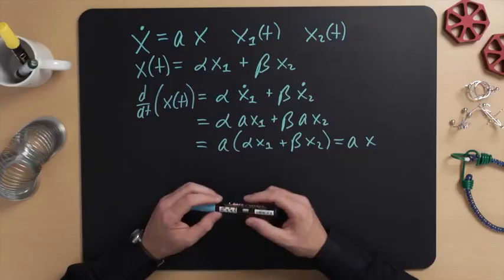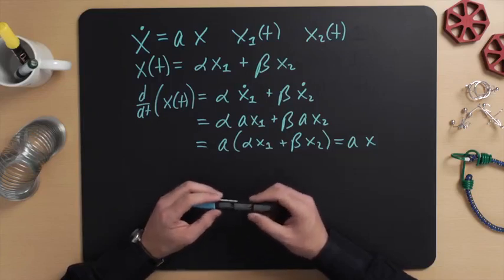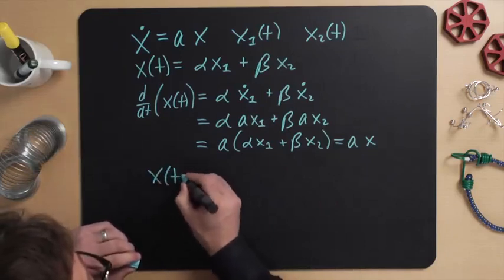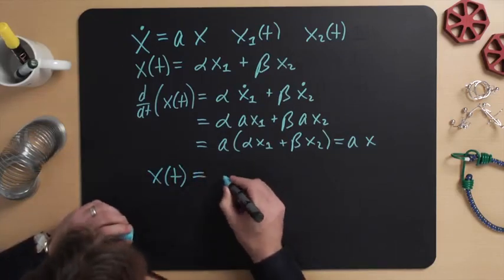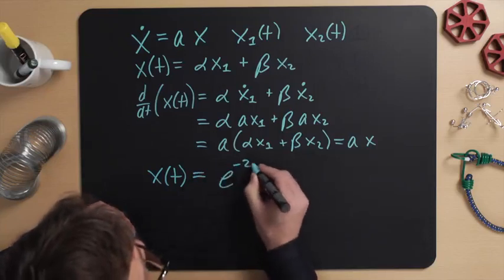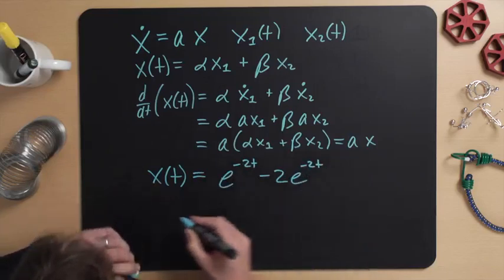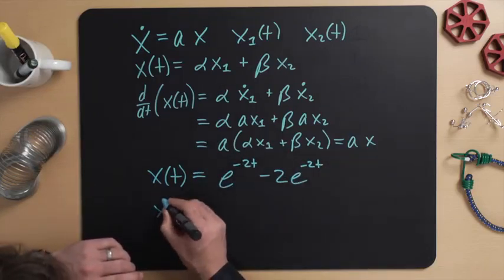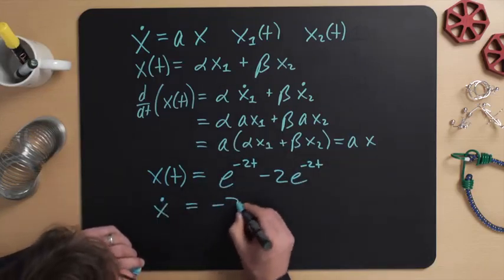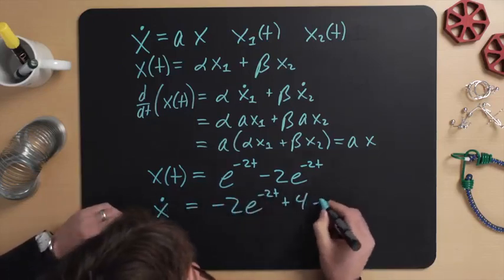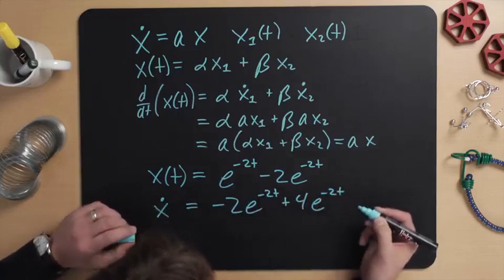Let's look at our specific example. We have the two solutions I just mentioned. x1 of t is equal to e to the minus 2t, and x2 of t is equal to minus 2 times e to the minus 2t. So that means x of t can be defined by adding those two solutions together. If I then take the derivative of x of t, that means that x dot is equal to minus 2 e to the minus 2t plus 4 e to the minus 2t.